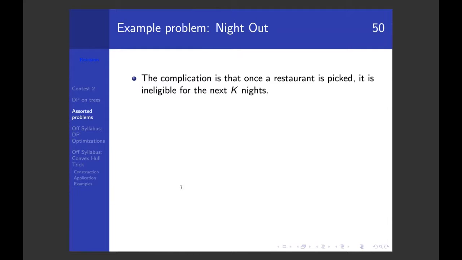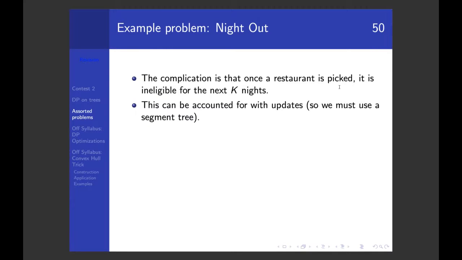Okay. But yeah, the complication in this problem is the fact that when we visit a restaurant, we can't visit it again for the next K nights. However, we can use updates to account for this. So you have to use a segment tree because sparse tables, no updates.